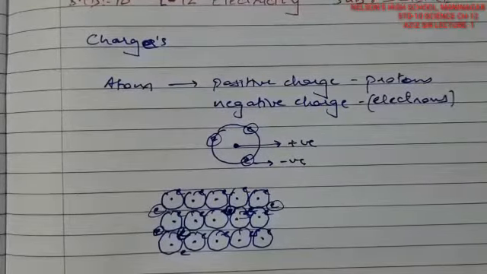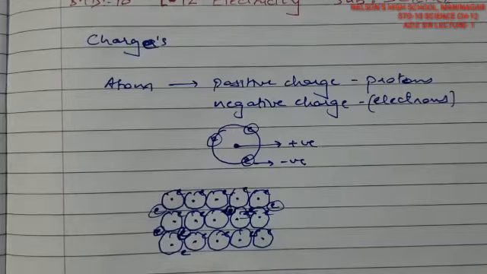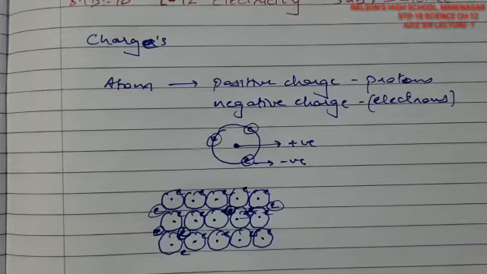So these moving charges are capable of traveling from one point to another point. Anything which is moving, like water which is moving, you say this is a water current. The molecules of water are moving, so you say it is a water current. If the molecules of air are moving, you say this is an air current.